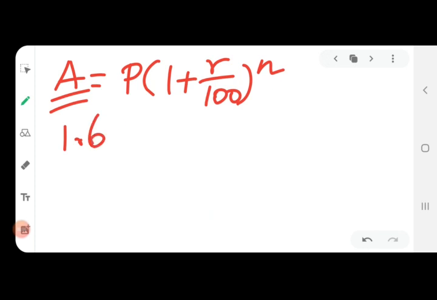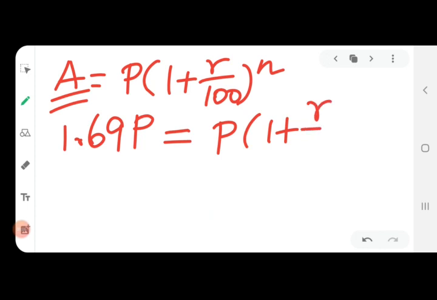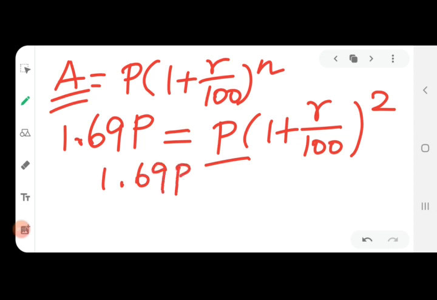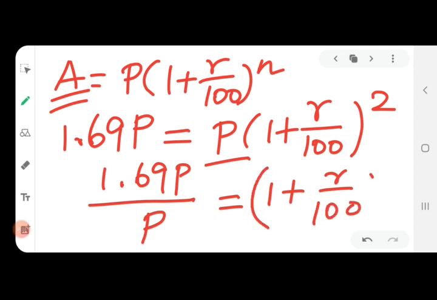So 1.69 P is equal to P into (1 plus R by 100) whole power n, and n is 2 here. Now we have to take this P to this side. What can we get? 1.69 P divided by P equal to (1 plus R by 100) whole square.